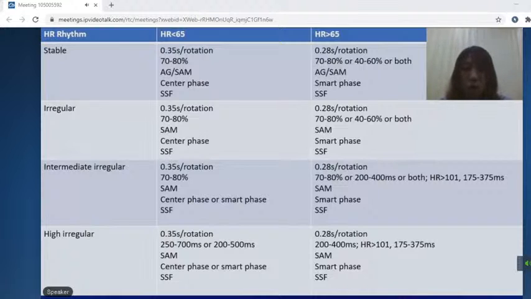Reconstruction can choose standard phase or smart phase. And for patients with heart rates over 65, the acquisition phase will be 70 to 80 and 40 to 60. Reconstruction chooses smart phase. While if the patient's heart rhythm is highly irregular, the acquisition interval is set to a number of milliseconds after the effective R-R peak, at mid-systolic or end systolic.